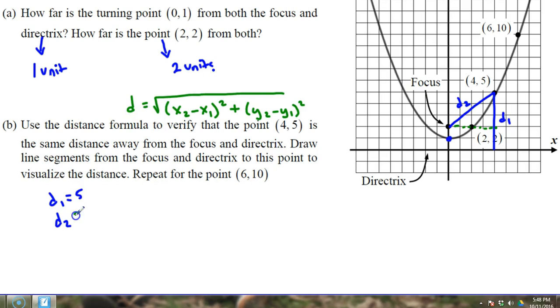So d2, in this case, let's keep it with the blue pen, d2 is the square root of 4 minus 0 squared. I'm subtracting my x's. 4 minus 0. Could label that point, that focus.